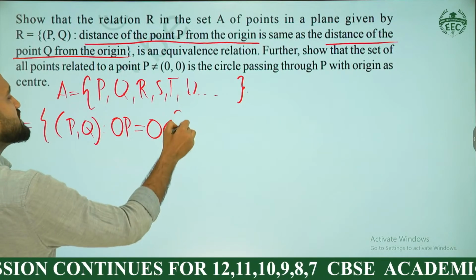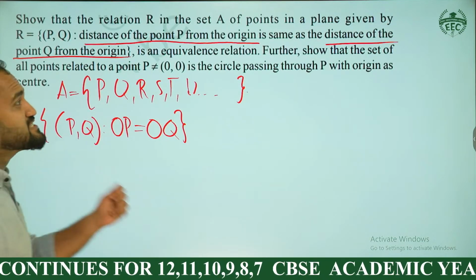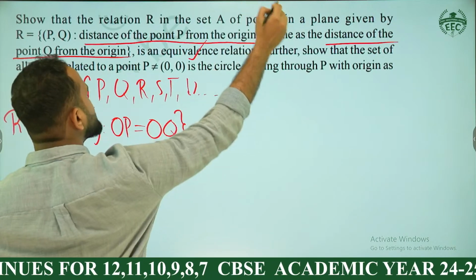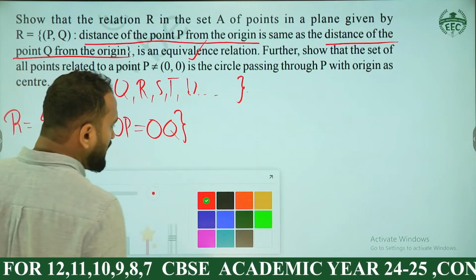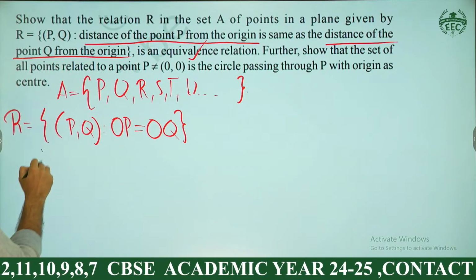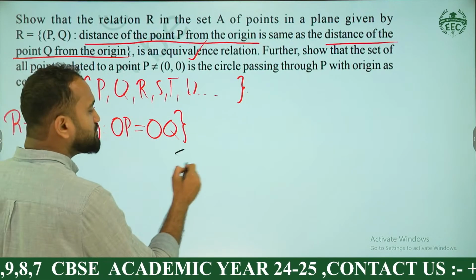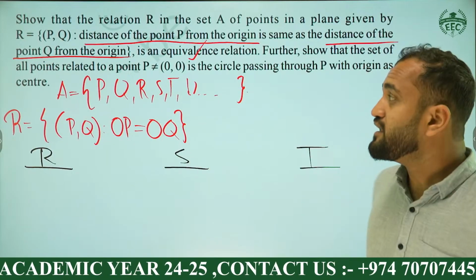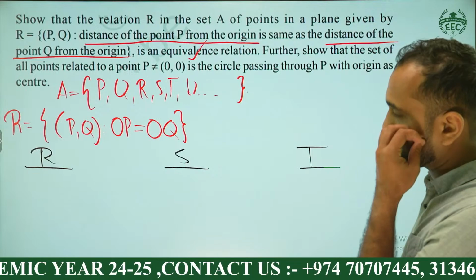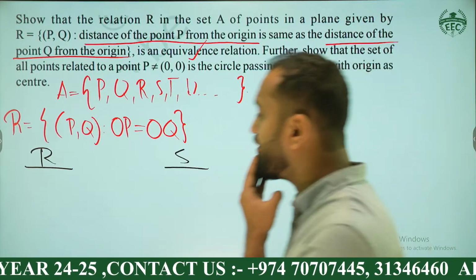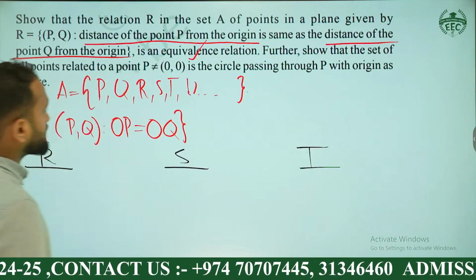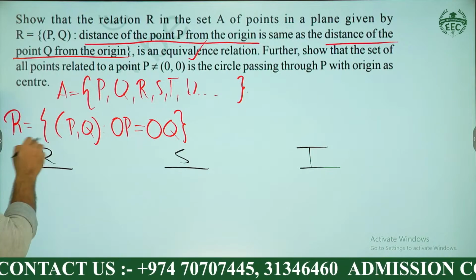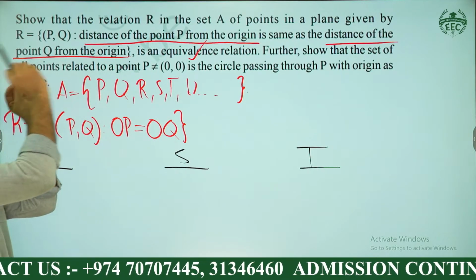The question is that you are supposed to show that this relation is an equivalence relation. So remember, here you are supposed to prove the relation is reflexive, symmetric, and transitive, and hence you can say the relation is an equivalence relation. In order to check reflexivity, focus on the set.